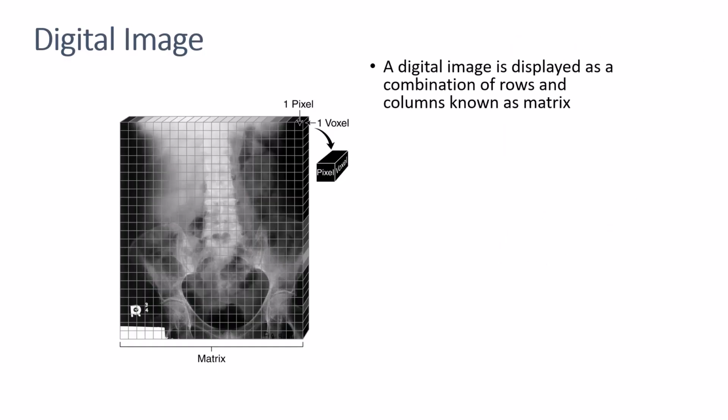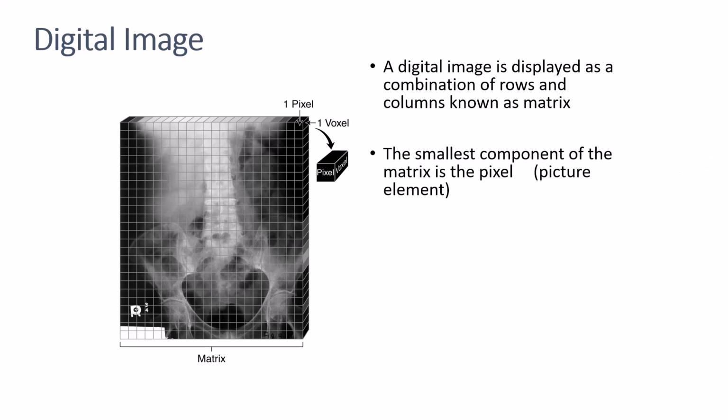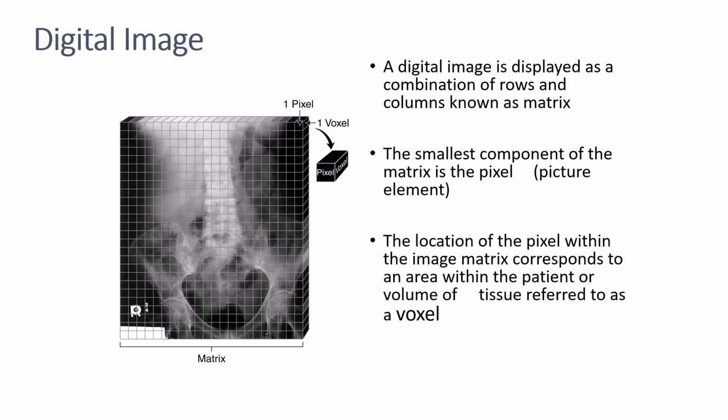A digital image is displayed as a combination of rows and columns known as a matrix. The smallest component of the matrix is the pixel, which is a contraction for picture element. The location of the pixel within the image matrix corresponds to the area within the patient or volume of tissue referred to as a voxel.